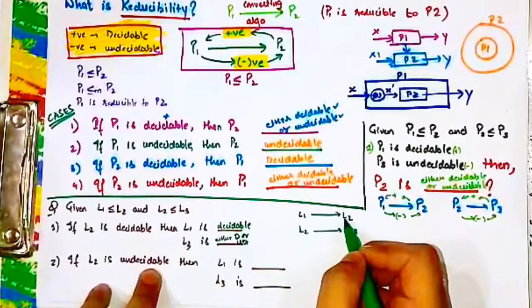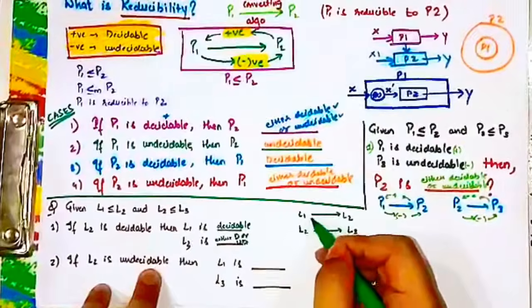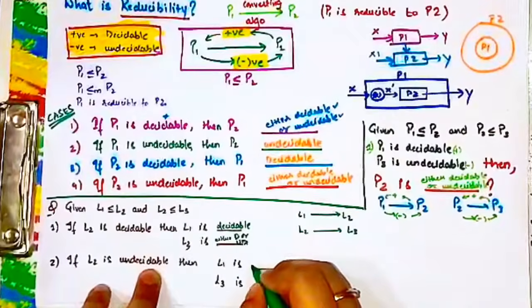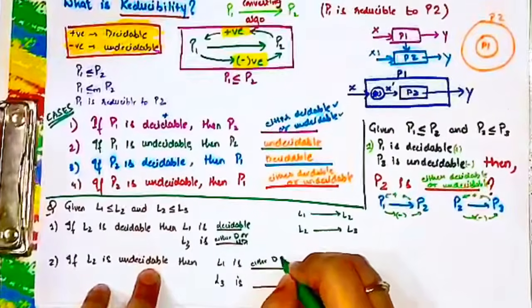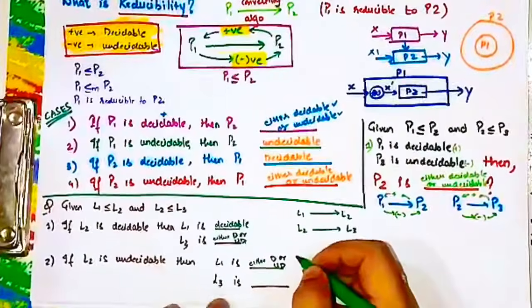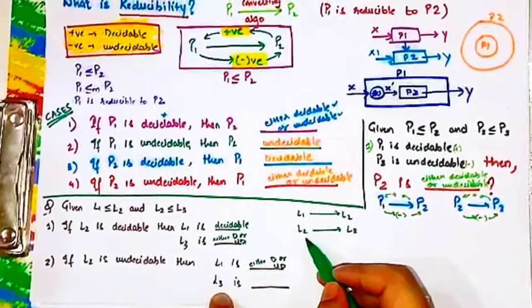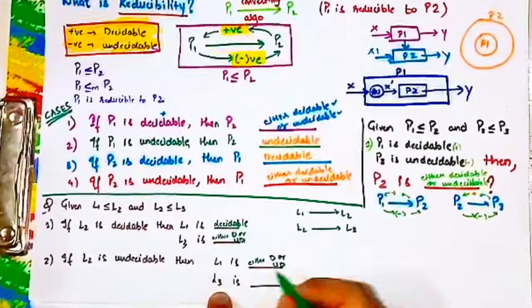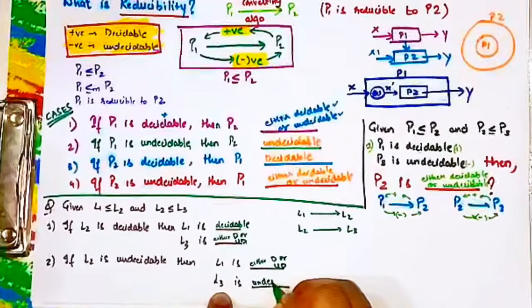As L2 is undecidable, we cannot pass a negative thing towards L1, hence we cannot predict anything about L1, so it will be either decidable or undecidable. And for L3, as L2 is undecidable, it will pass negativity towards L3 and hence L3 will also be undecidable.